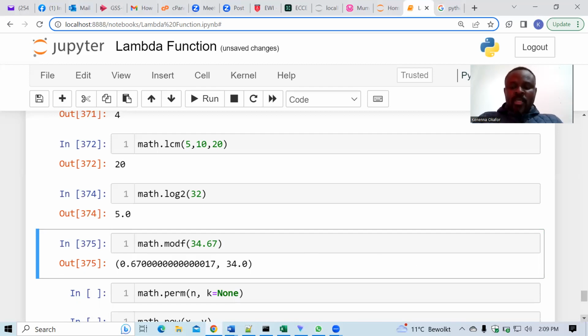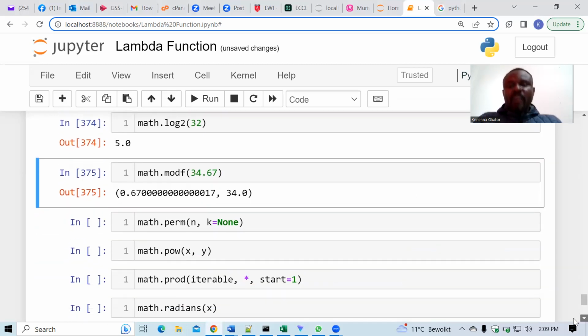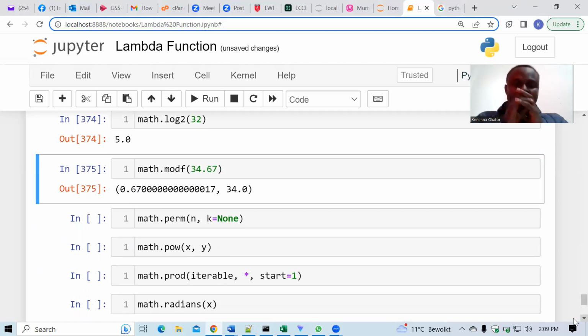Okay, now the perm, which is like permutation, the perm method, it's like the comb method. The only difference here is that it is ordered. That's just the difference. For the comb, the items are not ordered, right?